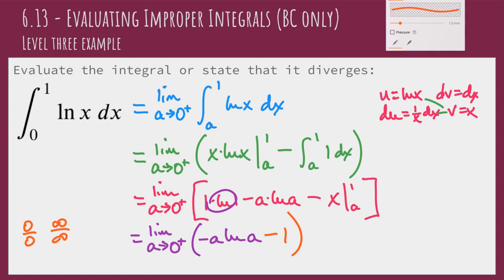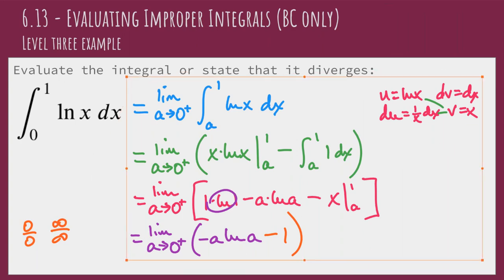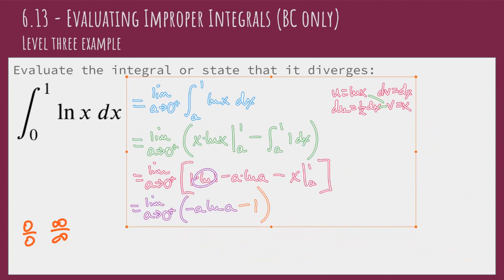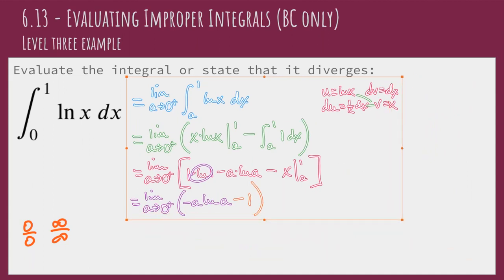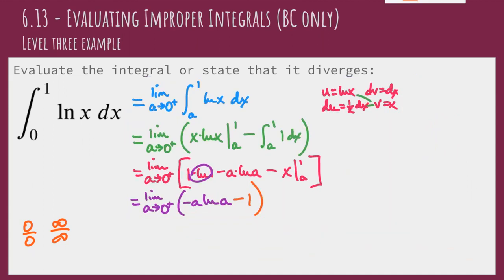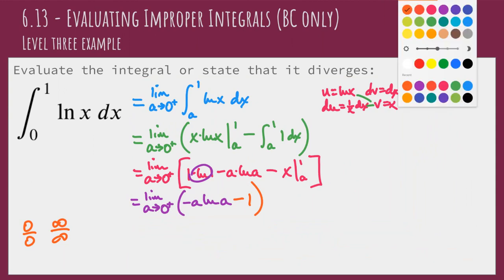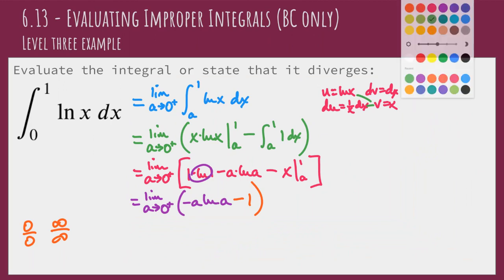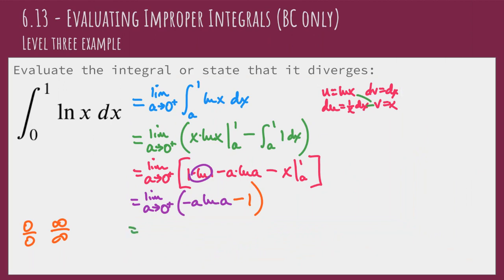Before I do that, I need to condense my work a little bit because we've got more to do. So I'm going to take all of this and just squeeze it down a tad so that I have room for my L'Hopital's rule. So going on here, I'm going to rewrite that negative a times the natural log of a.